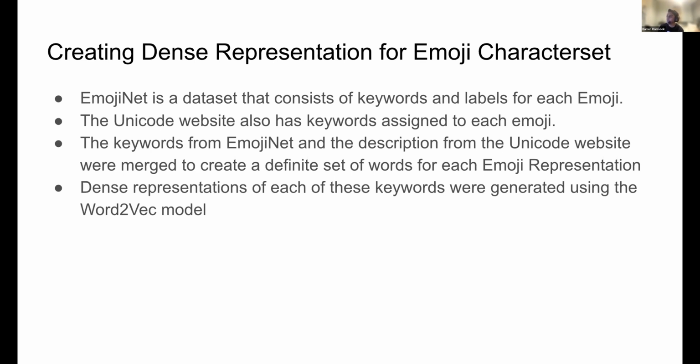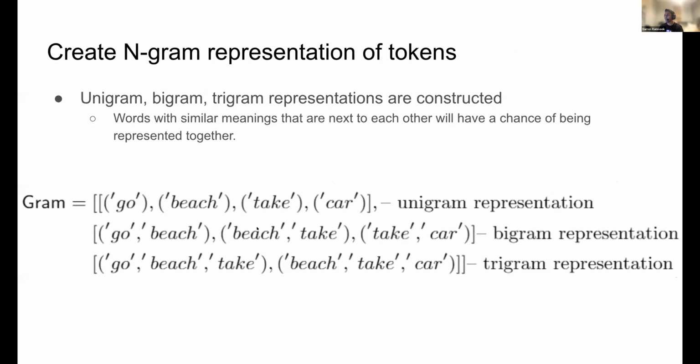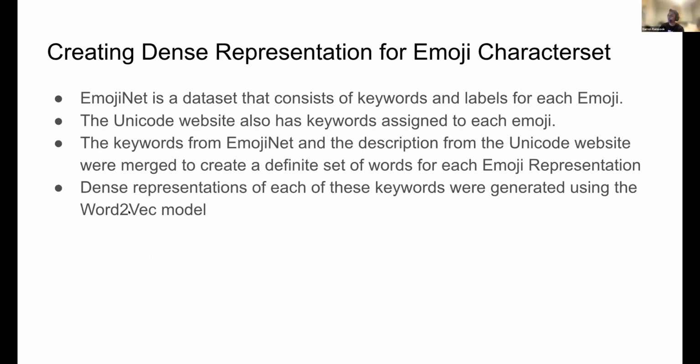And then those words were evaluated to give dense representations of each keyword. Dense representations of each of these keywords were generated using the word-to-vec model. So similar to generating dense representations for each of these tokens, the unigram, bigram, and trigram, we did the same for the keywords of the emoji dataset. The keywords for each emoji.